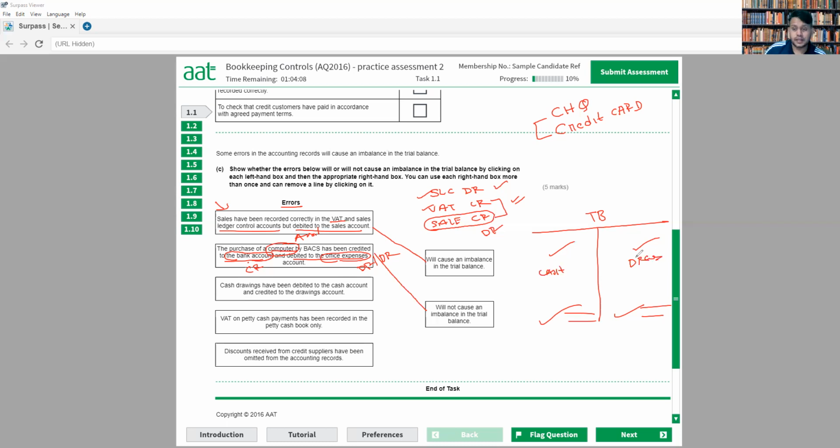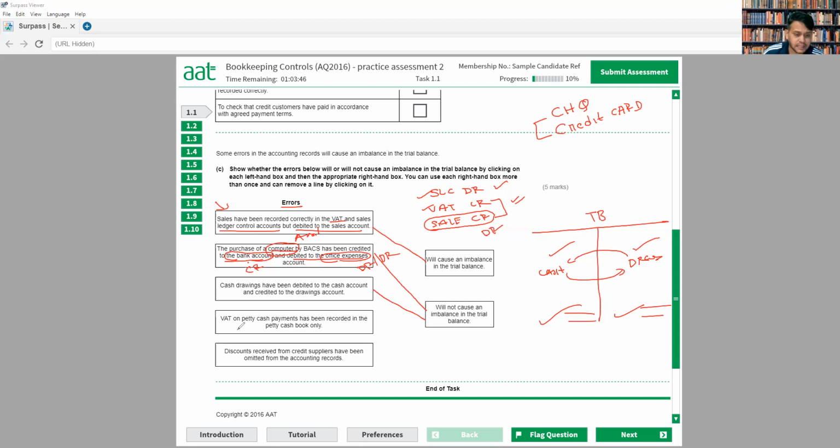It's supposed to be drawings here and cash there, but it doesn't matter. The amount will be the same, and that's why the trial balance will match. Even though this is a mistake, an error, my trial balance will still match because the amount will be equal. So I'll say it will not cause an imbalance. It will still be balanced.